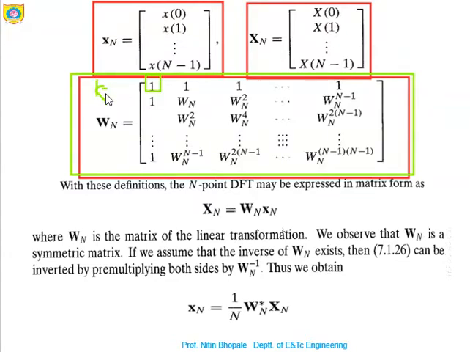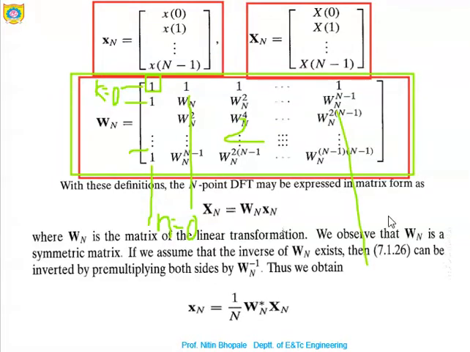The rows are indicated with k. Let's say the first row is k equal to 0, second row for k equal to 1, like that. The last one is for N minus 1. When we discuss the columns, the first column is for small n equal to 0. Similarly, this is for n equal to 1, this is for n equal to 2, like that.